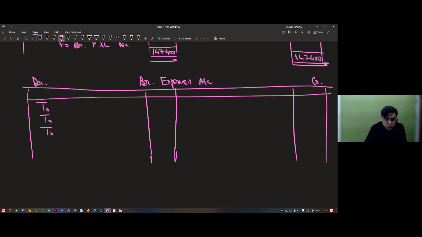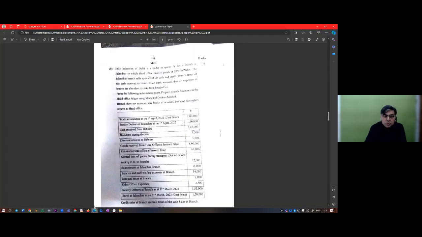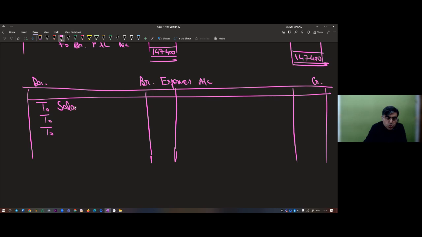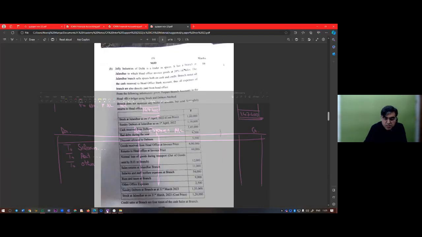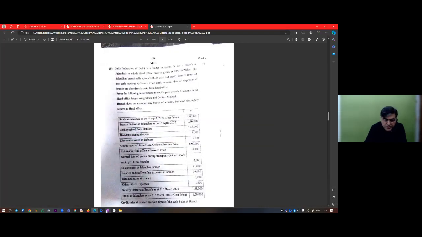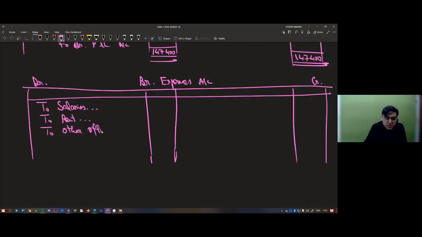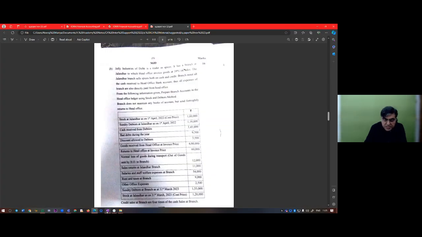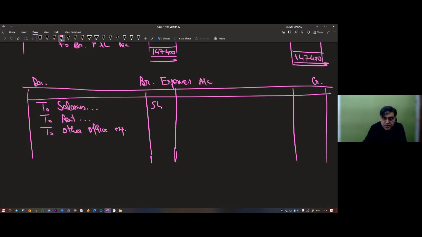To salaries, rent, other office expenses, 54,000, 9,000.